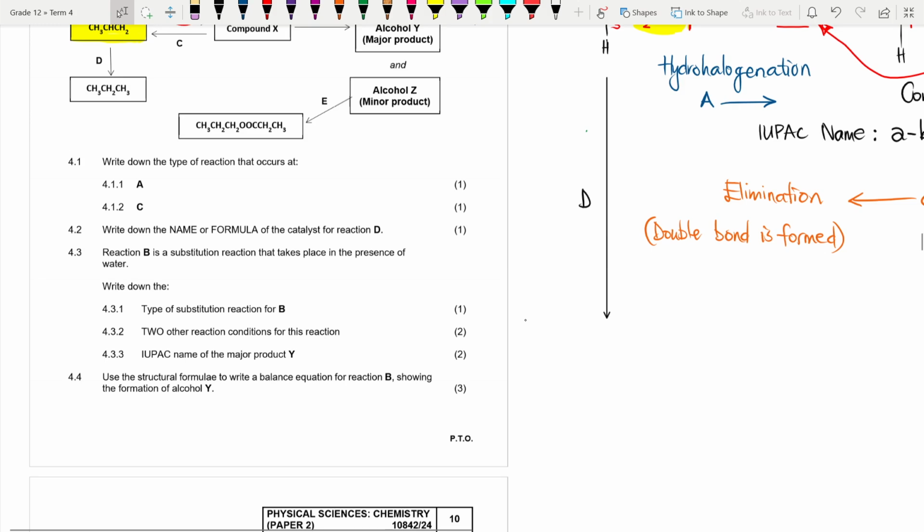And what's nice about D is that they give us a condensed structural formula that we can actually draw out. This is the important part, the drawing out of the structural formula. If they give you a condensed molecule, you draw it out. So this one looks like this. Then the third carbon is attached to 3 other hydrogens.